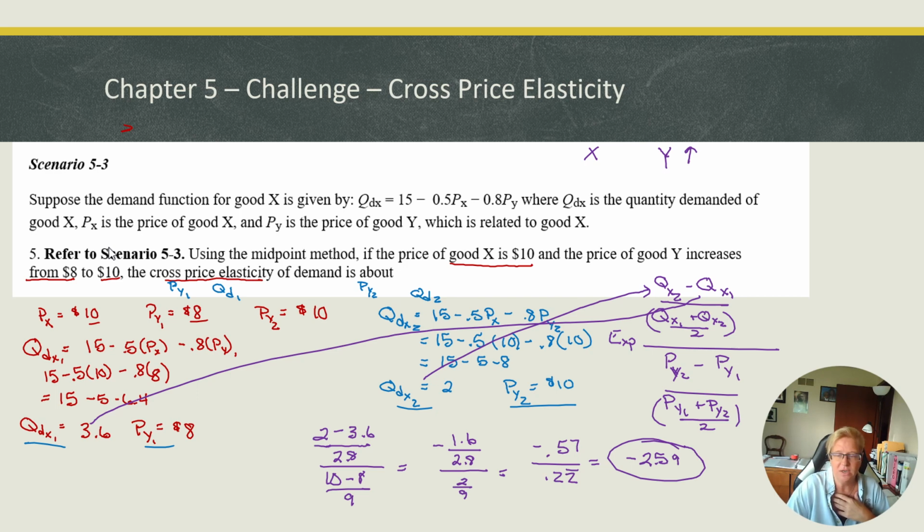So the quantity demanded of X decreased because the price of Y increased. So we can see that X and Y are complements. The negative also tells us that. Price increases, the quantity demanded of the other product goes down. Cool.